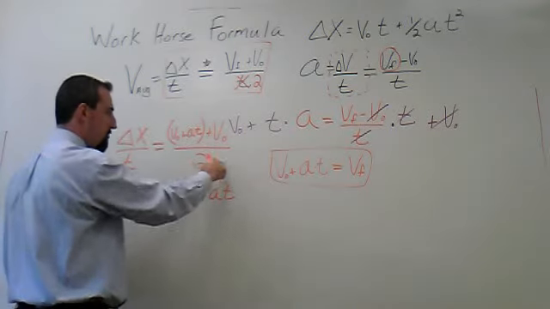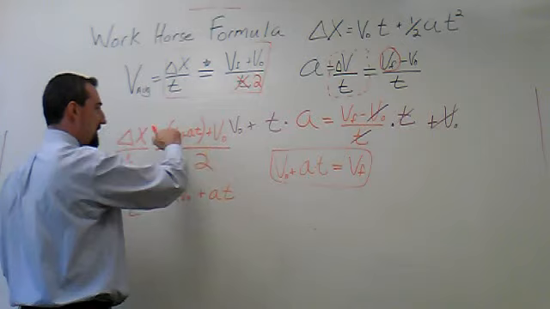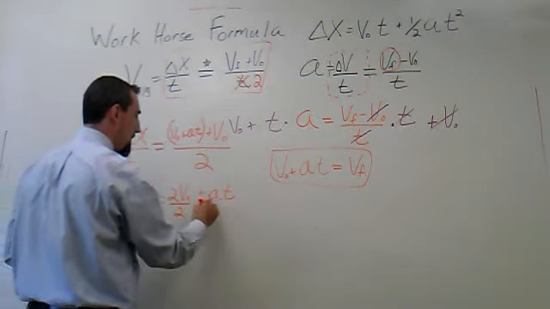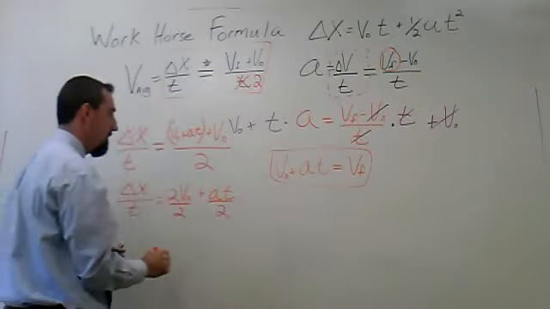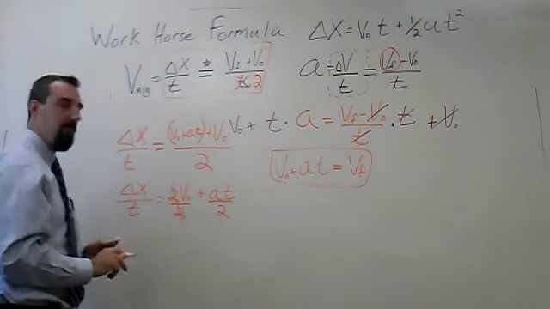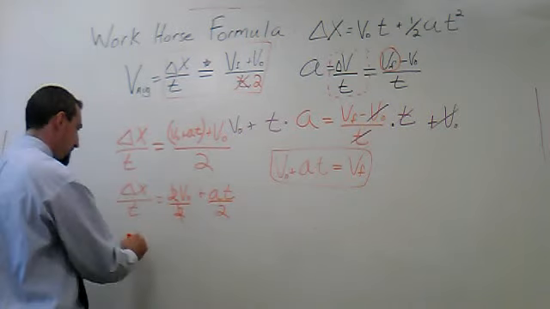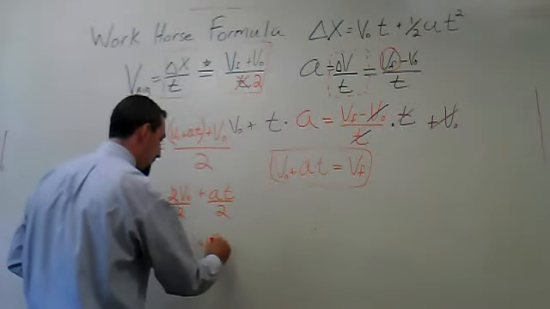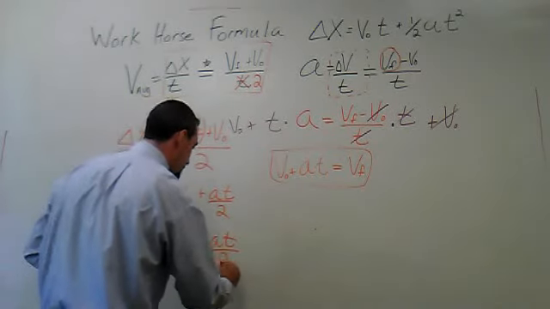I'm also going to distribute this 2. So instead of having everything over 2, I'll put this over 2 and this over 2. Now the reason I did that is because I can now cancel those 2's out. So I have delta x equals Vo plus At over 2.